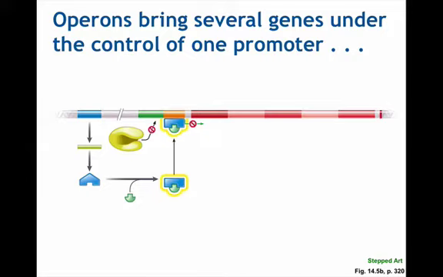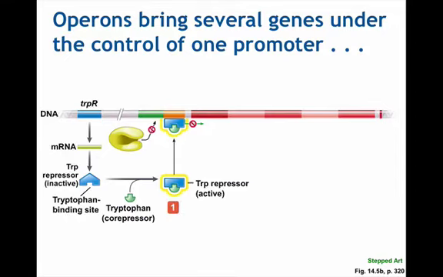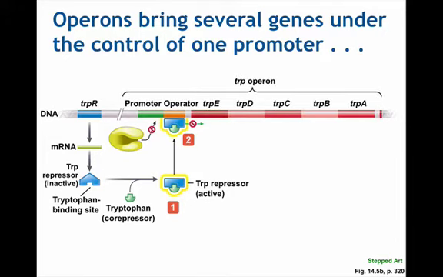If there's lots of Trp in the environment, it will bind onto the repressor, and then the repressor can bind the operator. Tryptophan binds the repressor, and that enables the repressor to bind the operator. And that dramatically reduces transcription, dramatically.